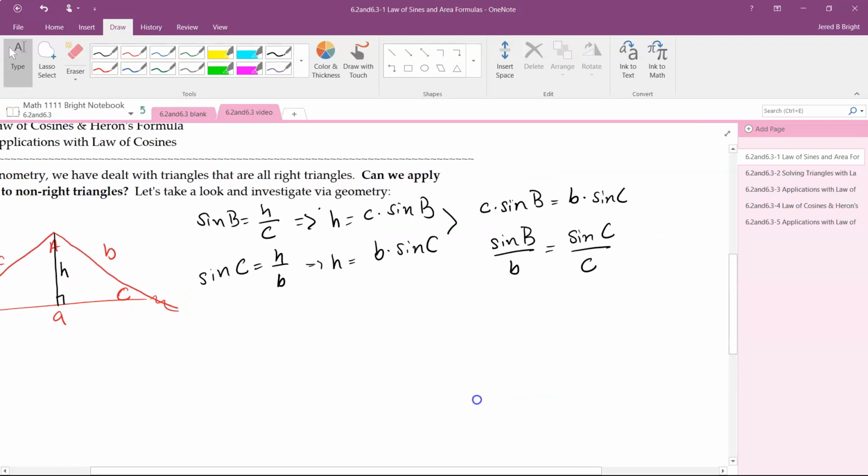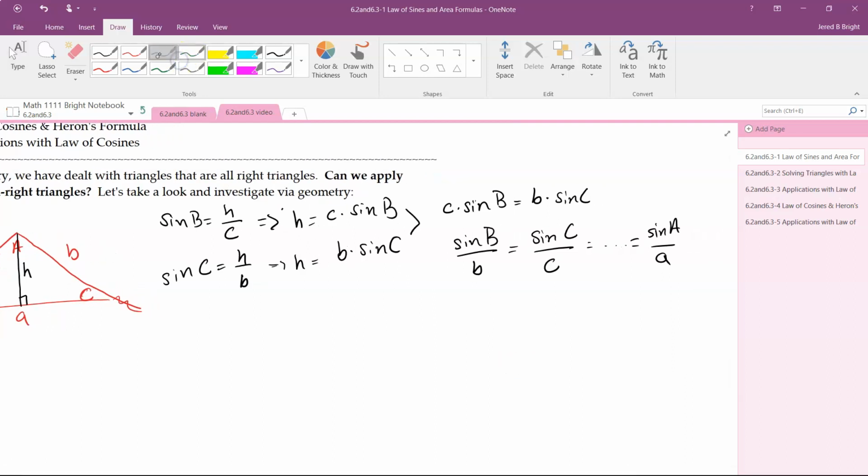Similarly, you can show that this is also equal to sine of A over its side length. You can also do the reciprocal version, with the side length on top and angle on bottom, it doesn't matter. But this identity here that we have created, in fact, my friends, is called the law of sines.